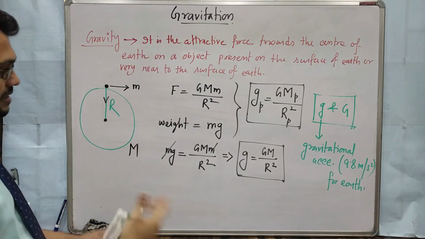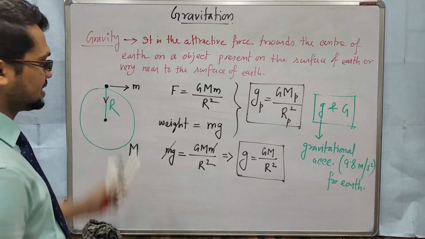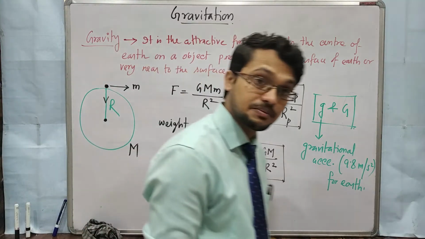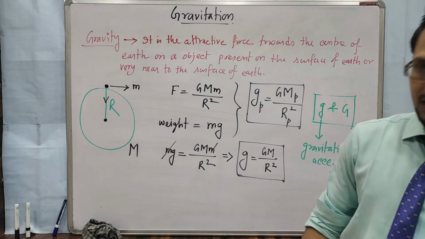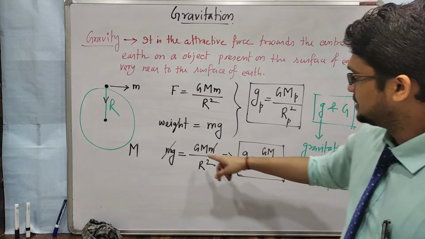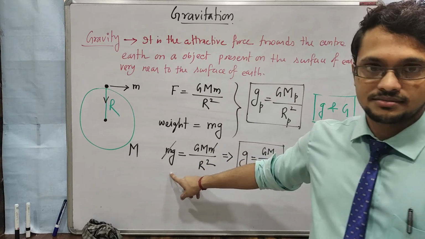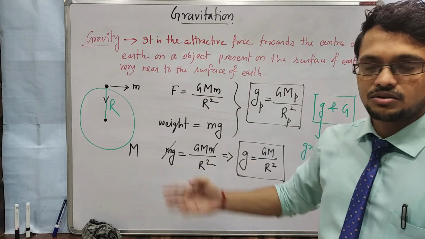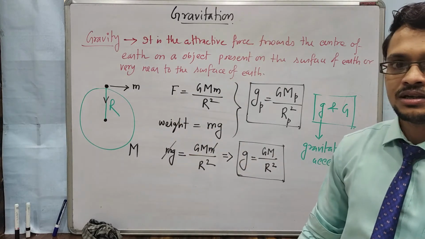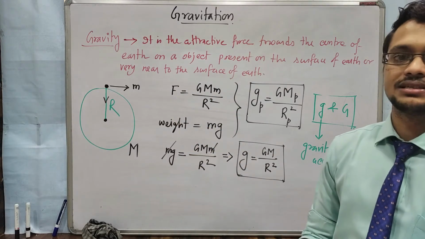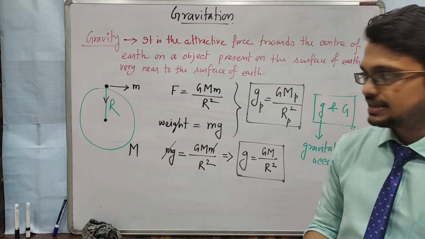Now I am coming to another thing. Here I have taken that the object is on the surface of the earth or very near to the surface of the earth, and for that reason this g is constant. But we know that when we go up from the surface of the earth, the weight decreases.